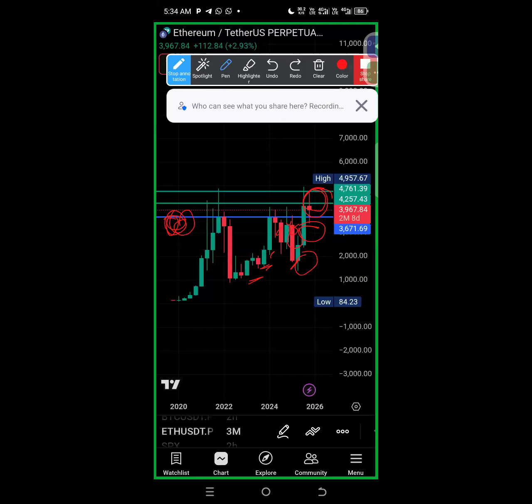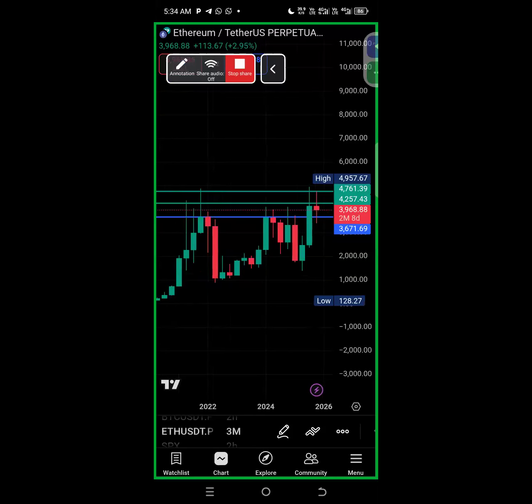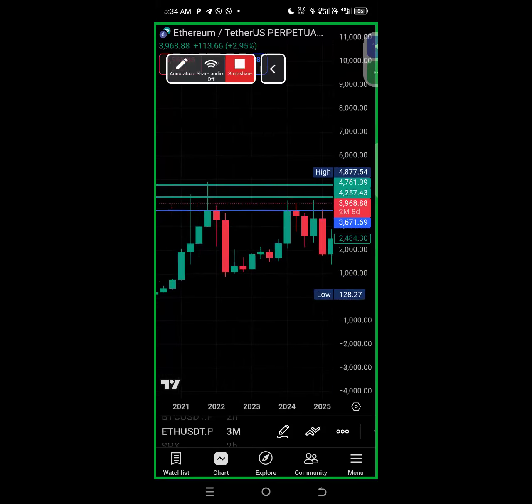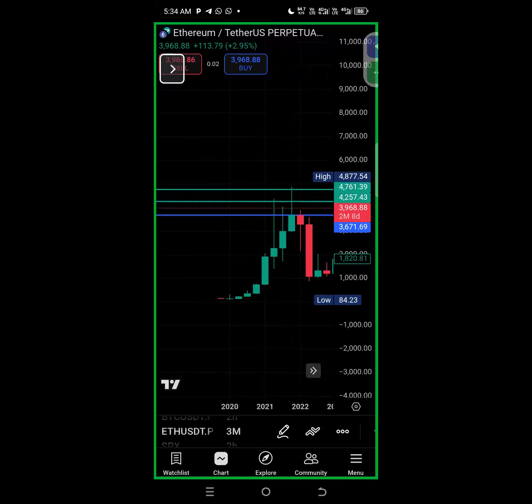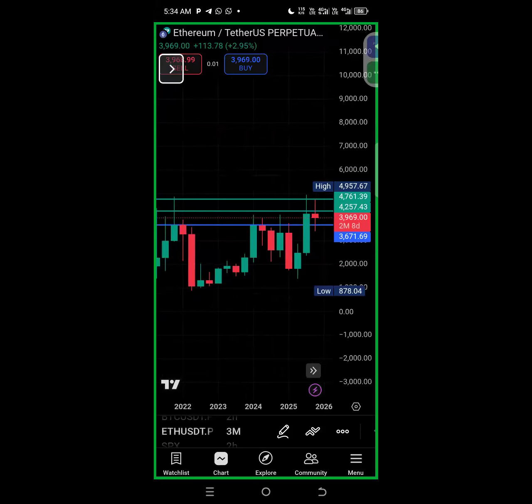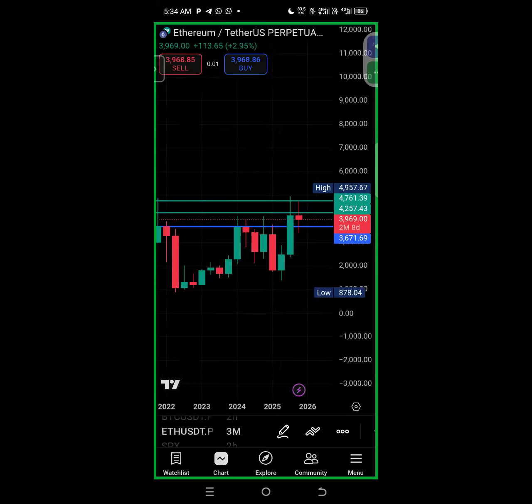So if someone is reading the charts, he may be able to use the past data, what happened within the past 3 months, to say that, okay, if you look at this particular candle, you can easily say this is what happened in this particular month.